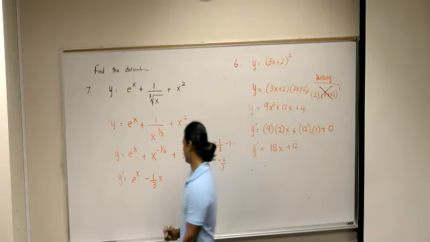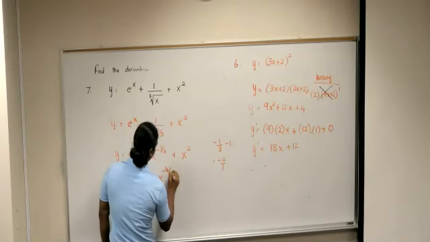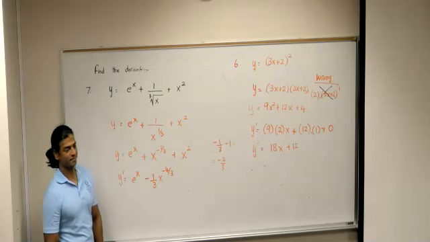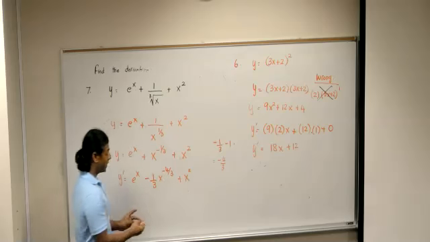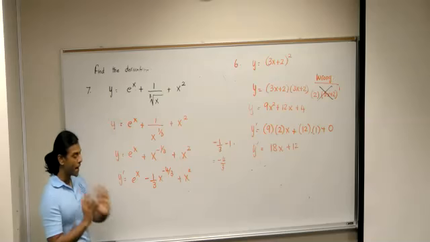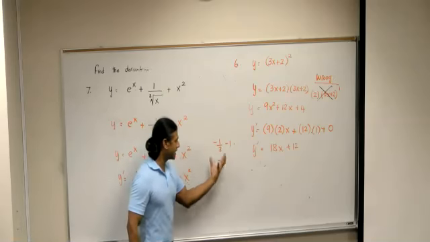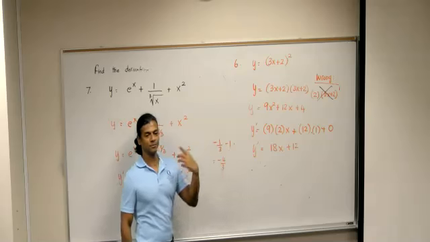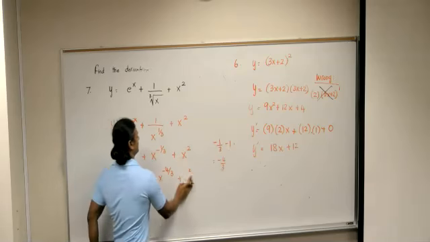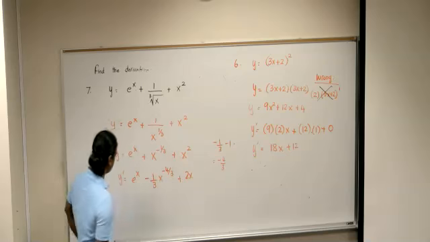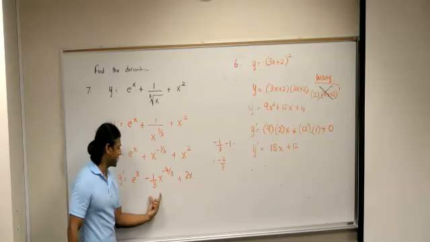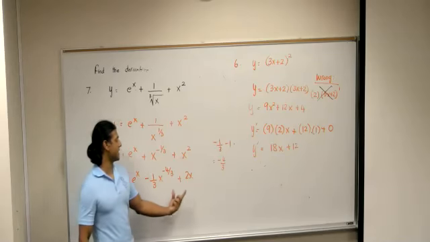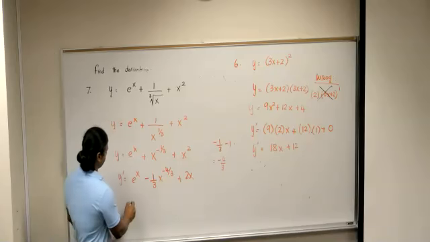So negative 4/3, and plus x squared. If you can do it in your head, more power to you. But if you can't, just write it out. So 2x. So e raised to x minus 1/3 x raised to negative 4/3 plus 2x.